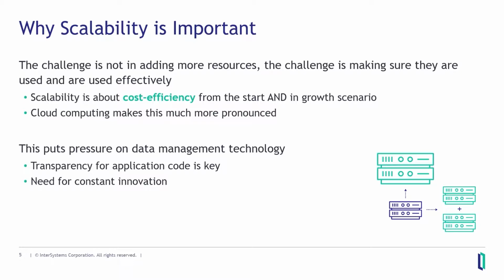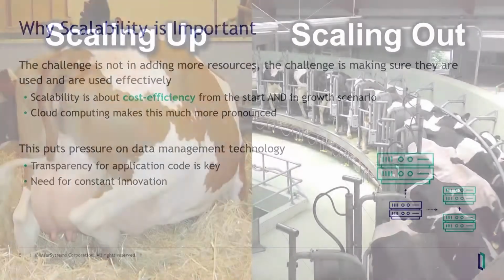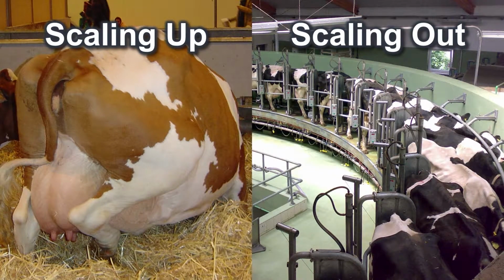So now let's try and find a different way of picturing the difference between vertical scaling and horizontal scaling. Scaling up means getting bigger, means swapping out what you have with something bigger. So if you imagine that you're working in dairy and you want to produce more milk, you go to your cattle vendor and you ask, do you have a bigger cow?